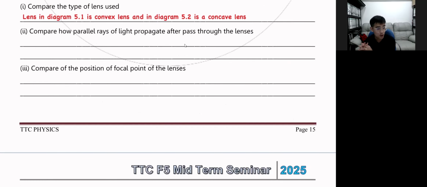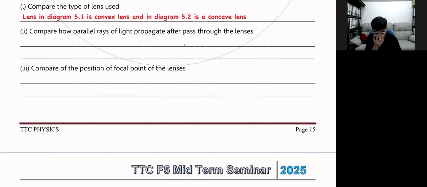If you forgot the word converge, then use the word focus. It's okay, don't leave your answer blank. If you really cannot remember the actual word, you can use an alternative word, but that is your last resort. If you really cannot think of it, only then use the word focus.